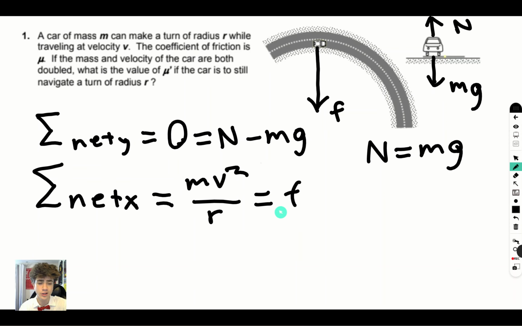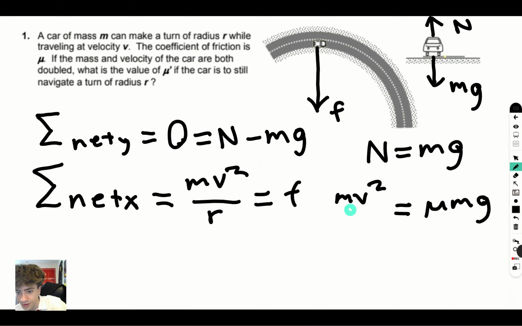But another way we can write this is by rewriting friction. We know that friction is simply its coefficient of friction mu times the normal force that the ground puts onto the car, and our normal force is simply mg. So mu times the normal force gives you mu mg, and that will be equal to mv squared over r.